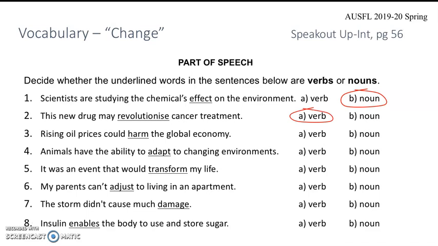Revolutionize is a verb. Harm is a verb in this sentence. Adopt is a verb. Transform is a verb as well. Adjust is a verb. Damage is a noun in this sentence. And enable is a verb.